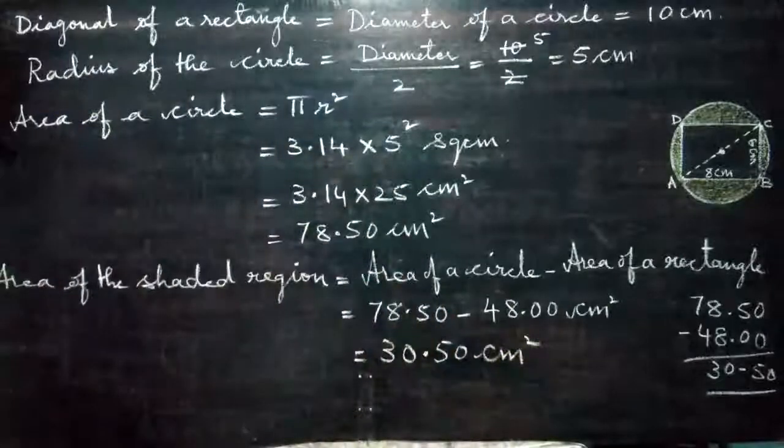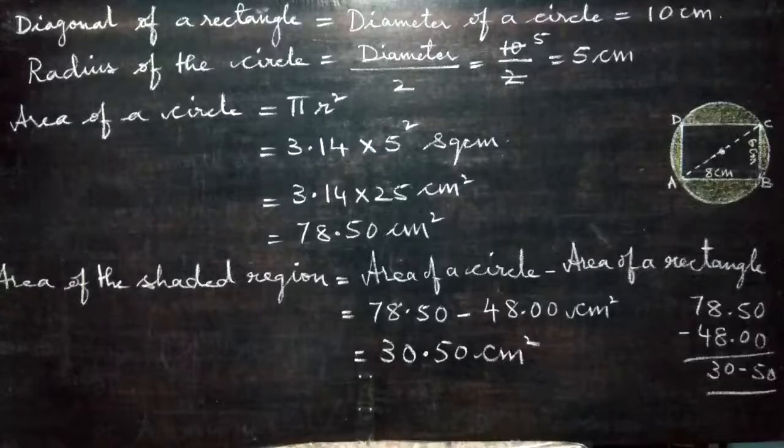What is this one? Therefore the area of the shaded region is equal to 30.50 centimeter square. Write that one. Conclusion.